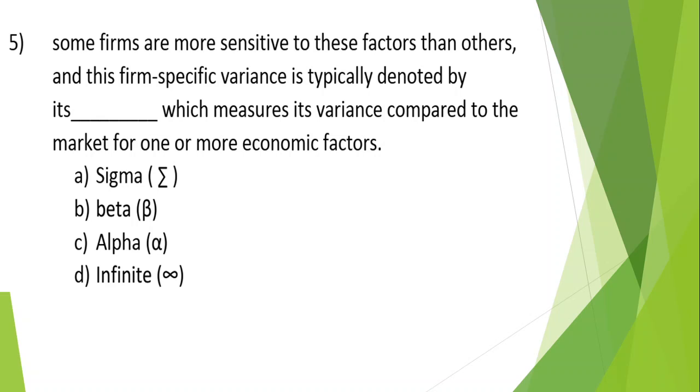We have four options for this fill-in-the-blanks question. Option A, sigma. Option B, beta. Option C, alpha. Option D, infinite. Any guesses? The answer is option B, beta.